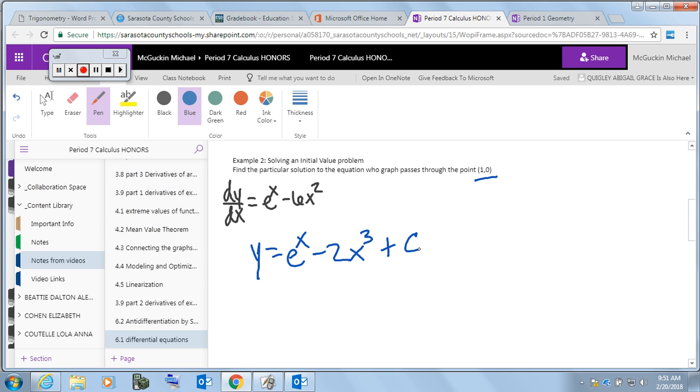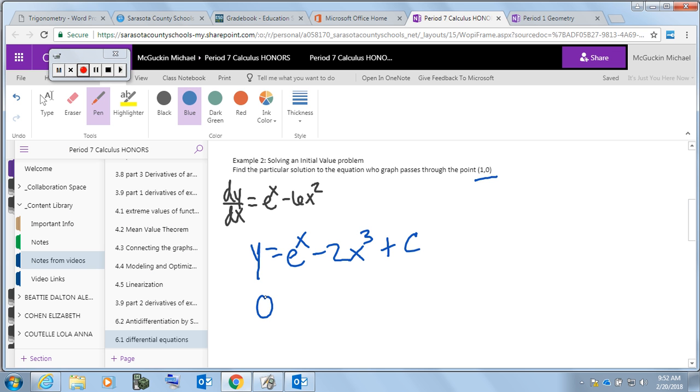But I have values for x and I have a value for y when x equals 1. That's what that through point (1, 0) is going to mean for us. When x equals 1, I know that y equals 0. So let's find out what happens when x is 1 and y is 0.